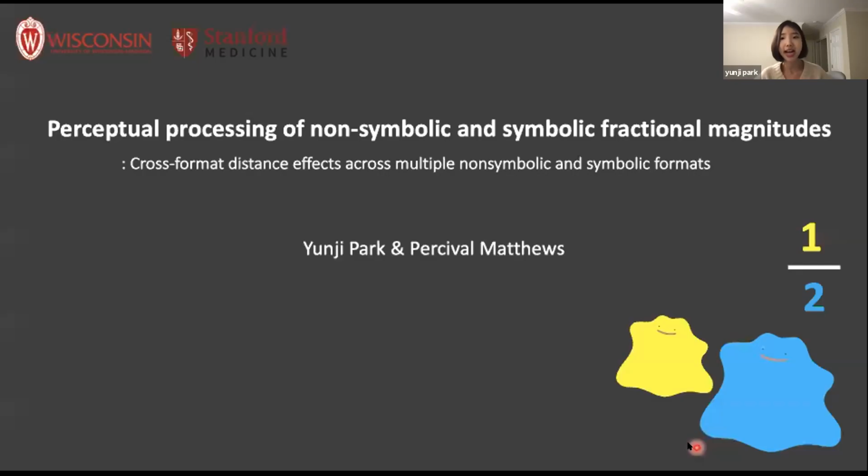That being said, I will start to talk about the perceptual processing of non-symbolic and symbolic fraction magnitude. We are particularly interested in a cross-format comparison across multiple non-symbolic and symbolic formats. This is work with my previous advisor, Percival Matthews.